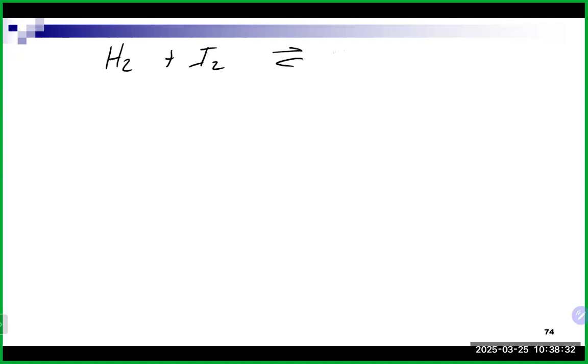So we got a little bit of this going on here. All right, so obviously here our K expression is going to be the same as we just wrote there for our Q. It's going to be our products over our reactants. And once again, here we're using the same K value we did in the previous problem, 54.3.